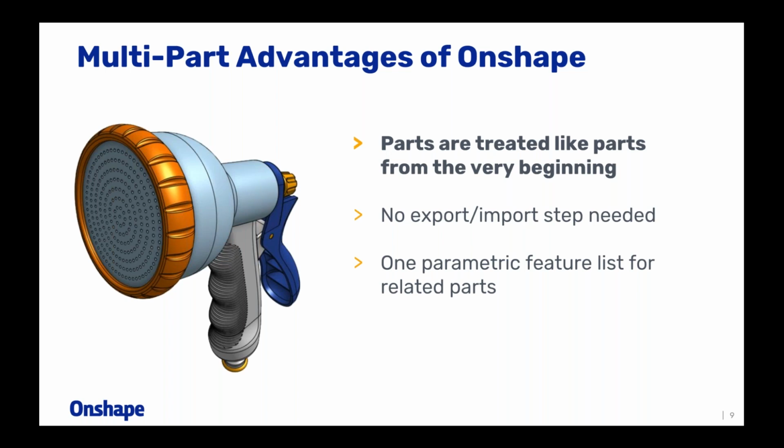But in Onshape, one parametric feature list can represent a number of related parts, and that ability is really powerful. And it's something that we've tried to make really, really easy to use. So those are just some of the advantages, the key things that I would stress about our multi-part part modeling versus the multi-body approach of past CAD systems.